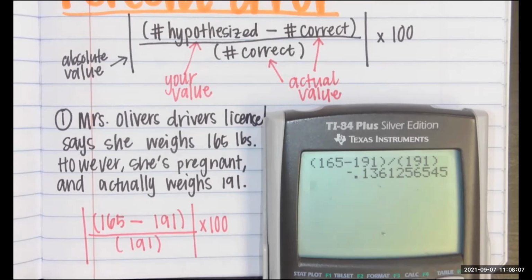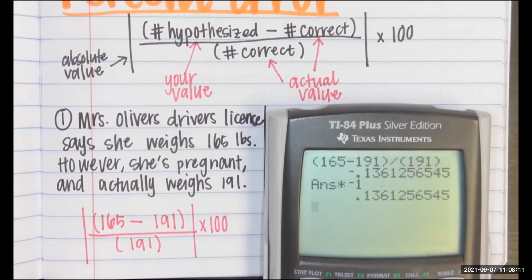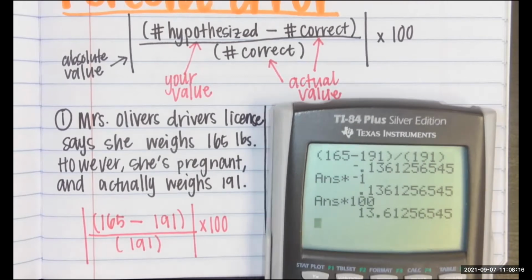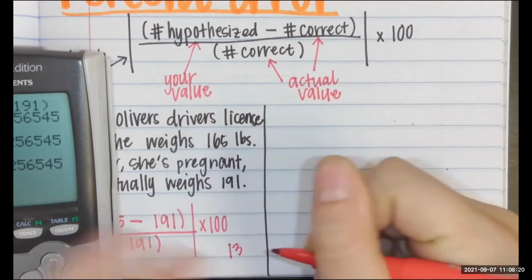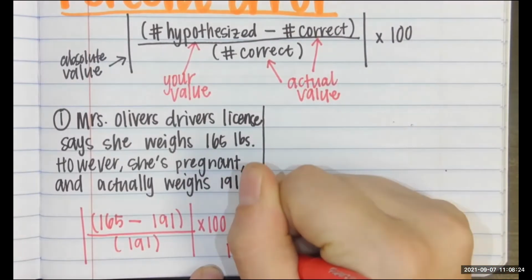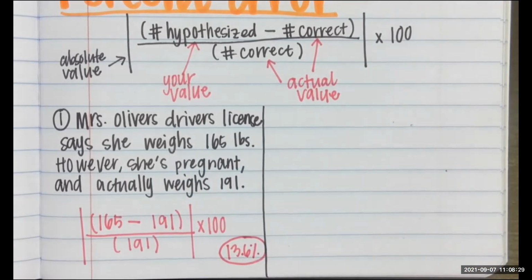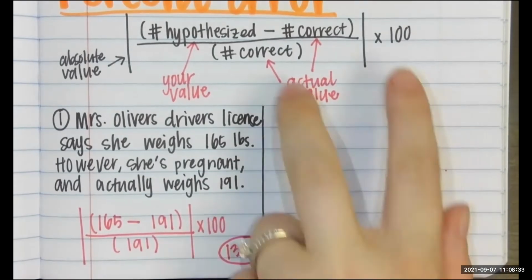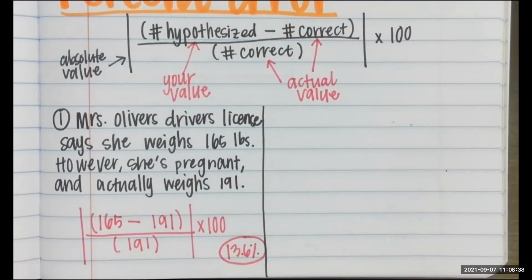That's a negative number, so I'm going to times by -1 just to get rid of that, and times by 100 to figure out that this is a 13.6% error. That makes sense? So it's not actually as tricky as it looks up here. You're just taking the correct value, what I actually weigh, putting it here, and then the other one goes up front.